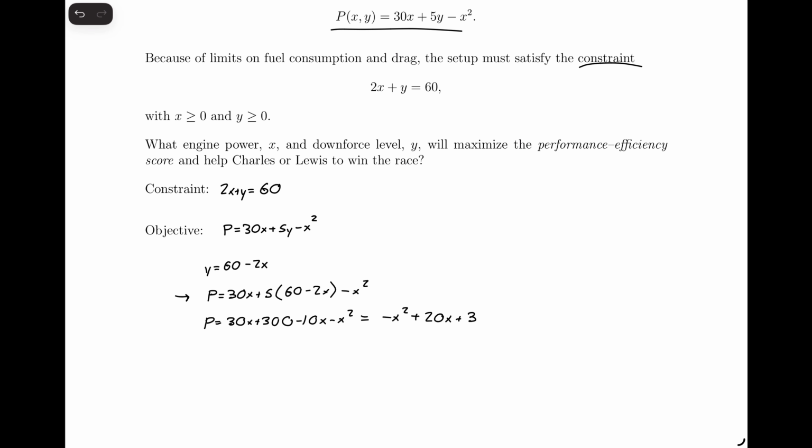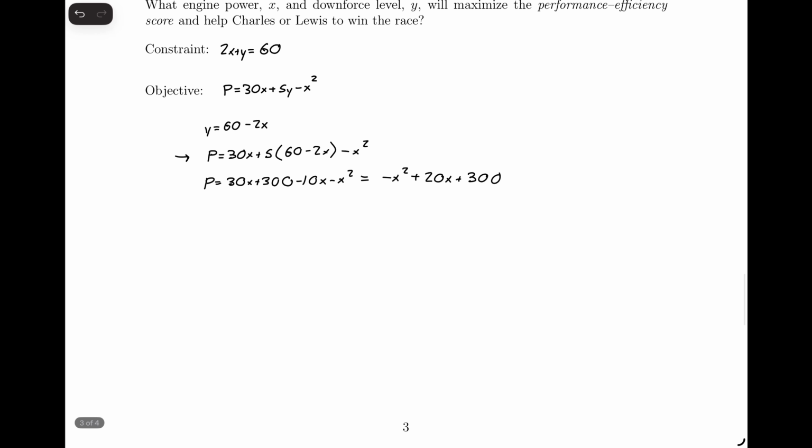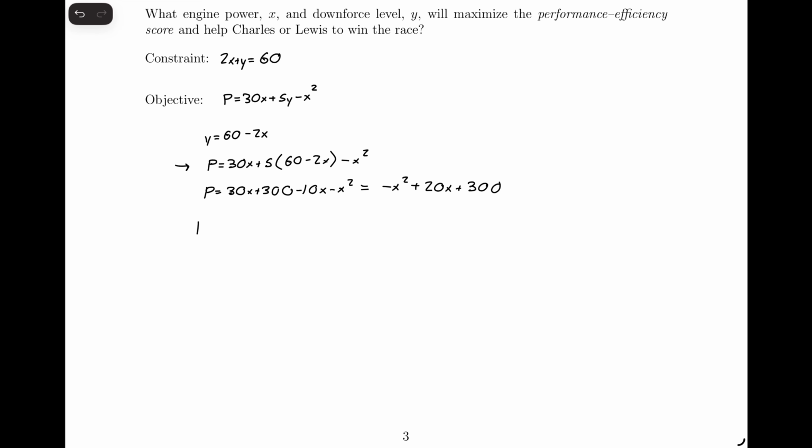Okay, now we differentiate. So P prime will just be negative 2x plus 20. We'll set that equal to 0, find our critical points, and we'll have x equals 10. So only one value to test here, but we'll still set up our sign chart for P prime. I'll test 0, so it's less than 10, and, I don't know, 20.